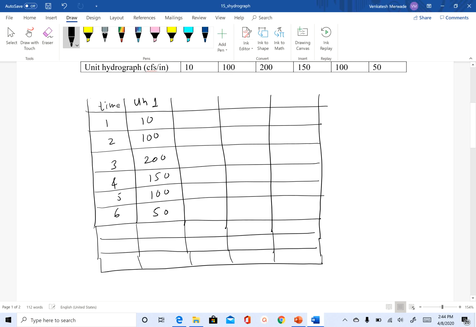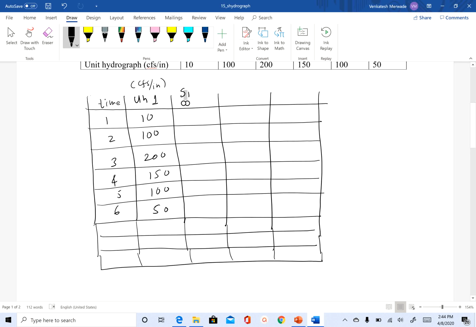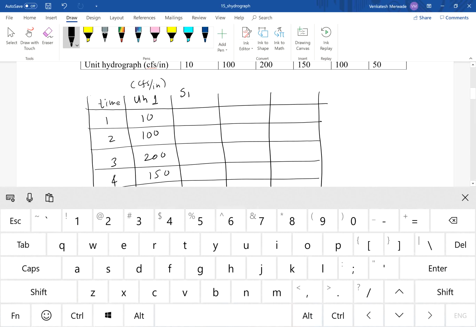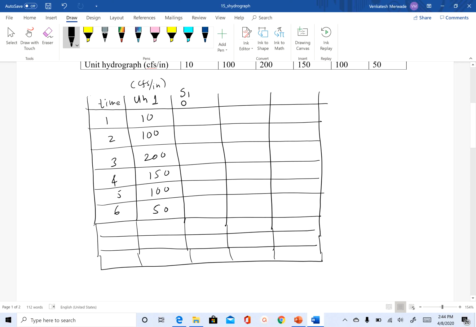The first step is going to be creating S1, the S hydrograph corresponding to unit hydrograph 1. The units we have for UH1 are CFS per inch. If you remember, an S hydrograph is just a cumulative volume of a unit hydrograph.